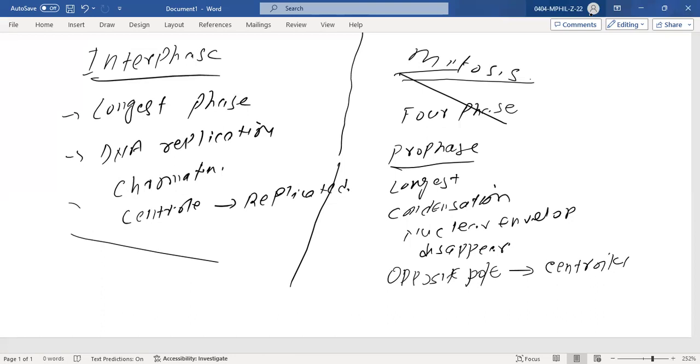You have told me the nuclear envelope disappears, the spindle formation starts. So these are all the changes which actually happen in the case of prophase, right?